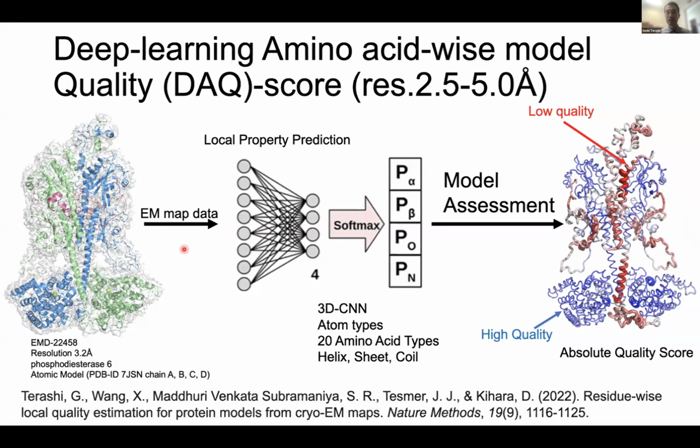If the predicted amino acid and the model have the same amino acid type, and it's better than the average of the predicted values among all other regions, then it has a high score. But if it's not consistent, then it shows low quality scores. The low quality score regions are colored red, and high quality regions are colored blue.